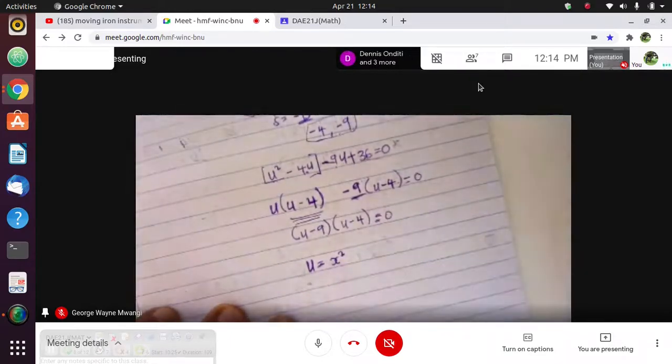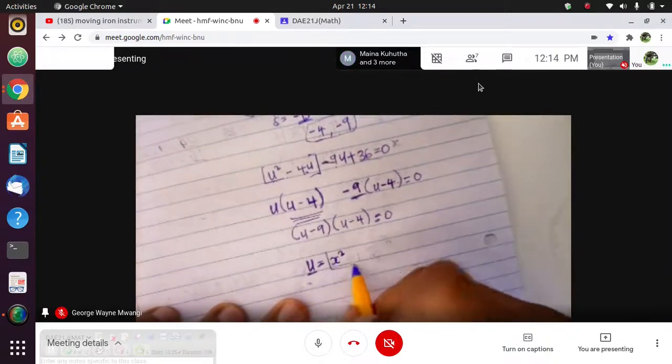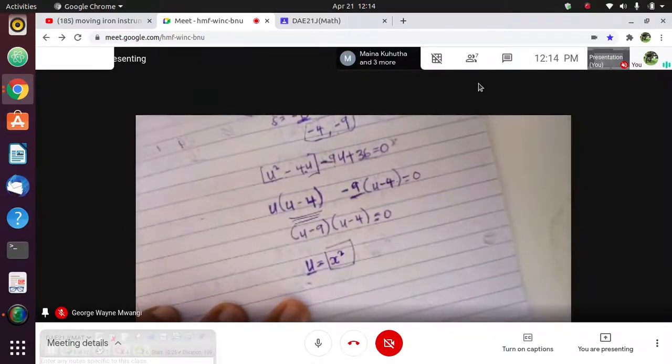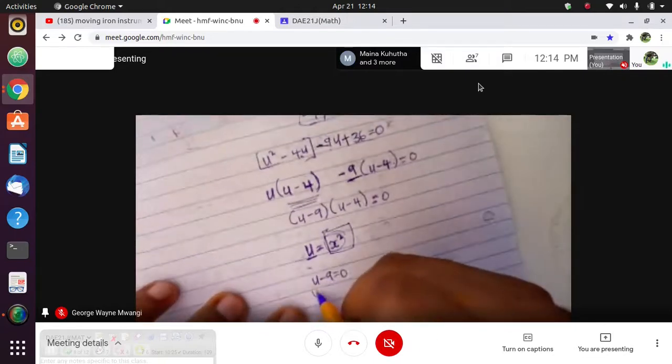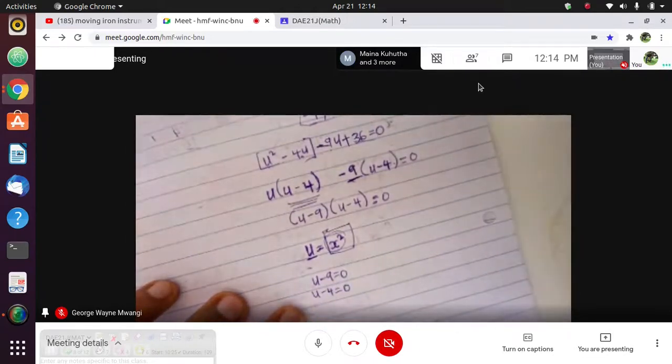Are we together? Remember that we're not solving for u. What we're interested in is x squared. What we did is we just reduced that expression to a quadratic expression by substituting the variable that is raised to power 2. Now, tuendelee. u minus 9 is equals to 0 and u minus 4 is equals to 0.